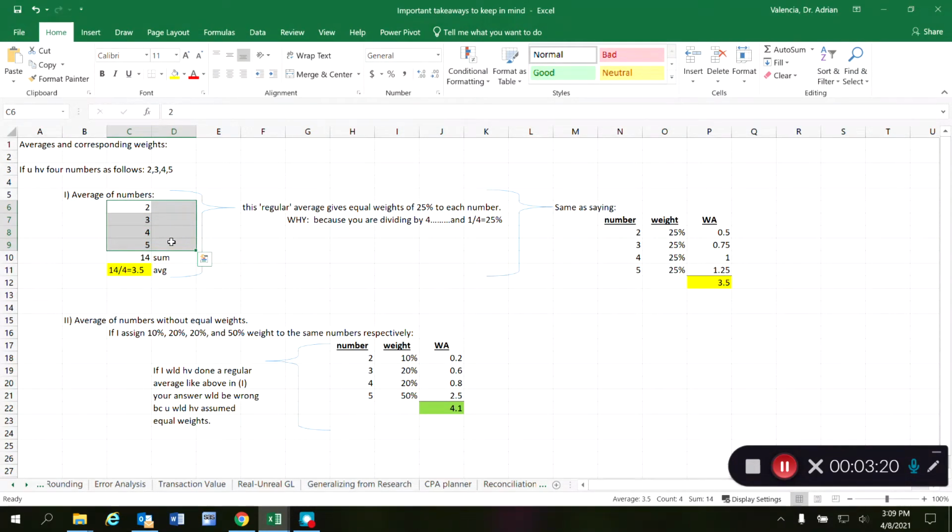For example, you could have a large amount at 5%, a small amount at 2%, in which case you have to decide on different weights.